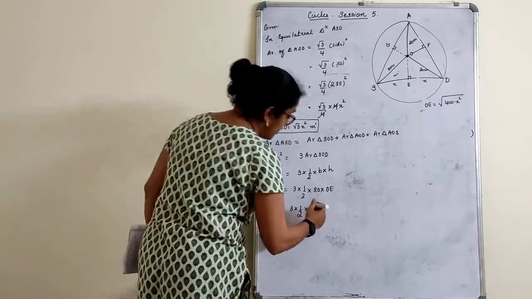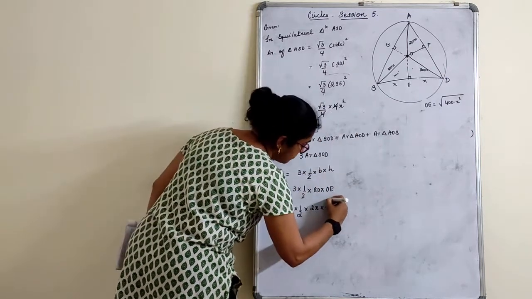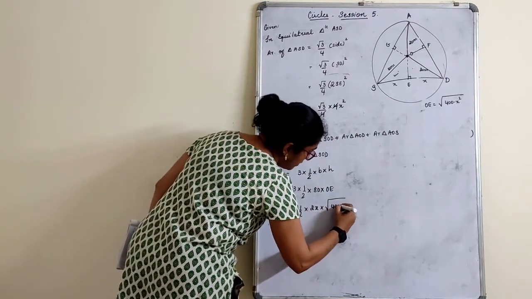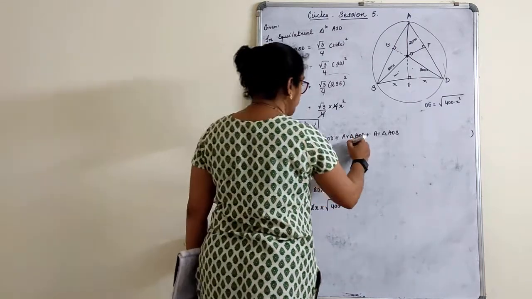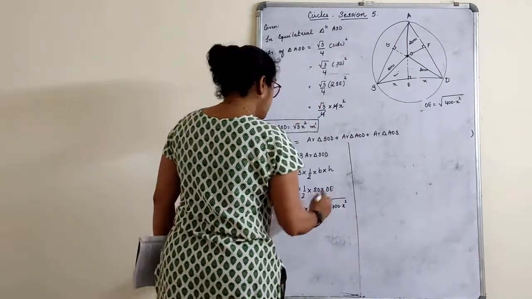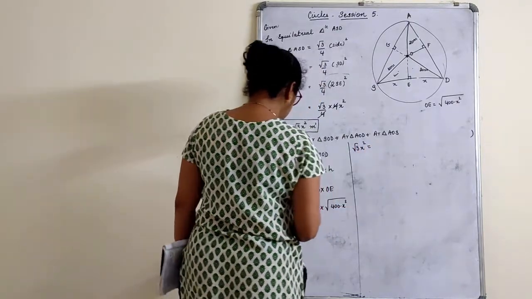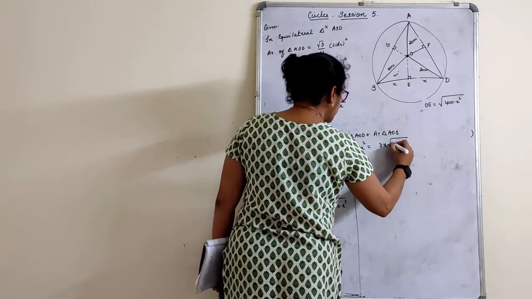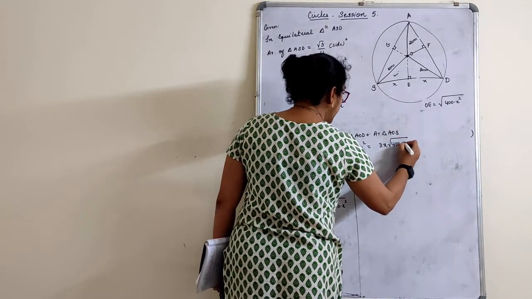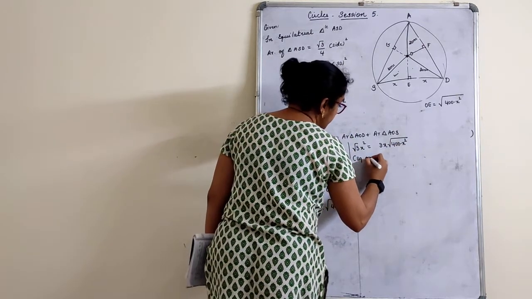How much is SD? 2x. How much is OE? Root of 400 minus x square. 2 and 2 will get cancelled. Root 3x square is equal to 3x of root of 400 minus x square. Squaring on both sides.